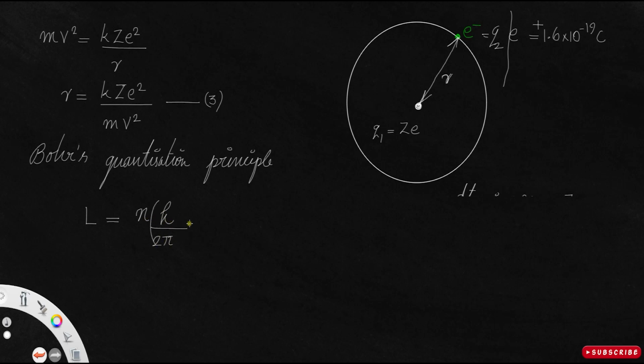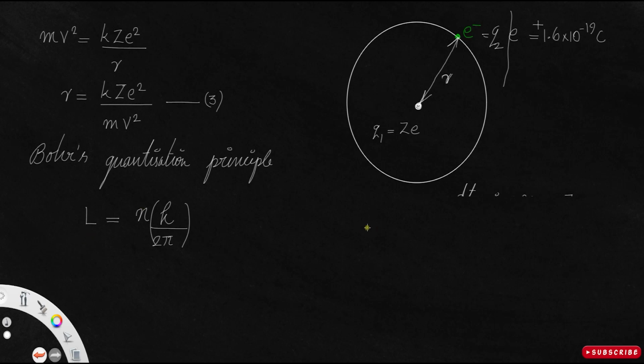That is, this n should be a natural number, sorry, not an integer, times h by 2 pi. This is called Bohr's quantization principle.